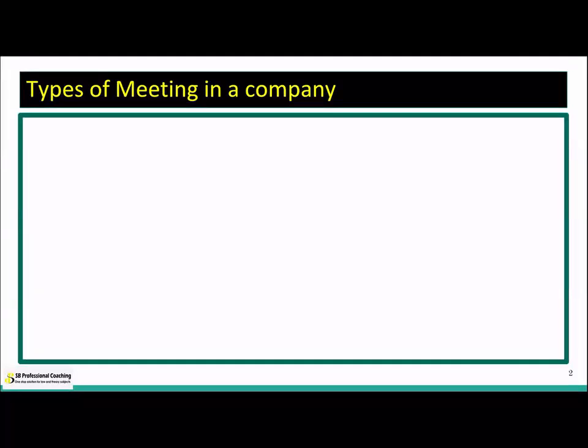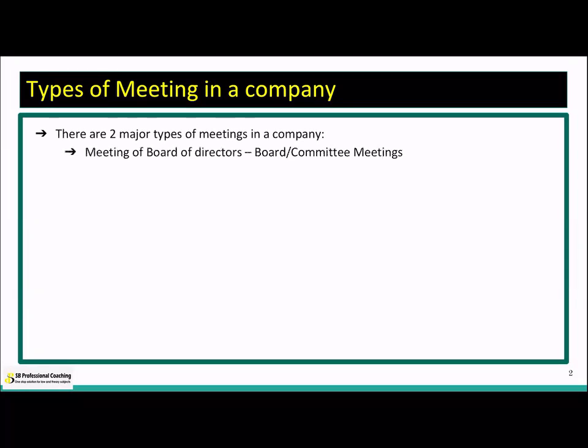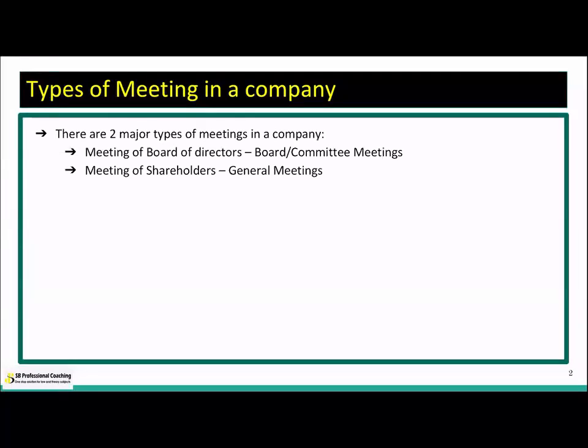On the basis of this explanation there would be two types of meetings. One would be the meetings of the board of directors, which would be called the board meeting, and the meetings of the shareholders, which will be called the general meetings.